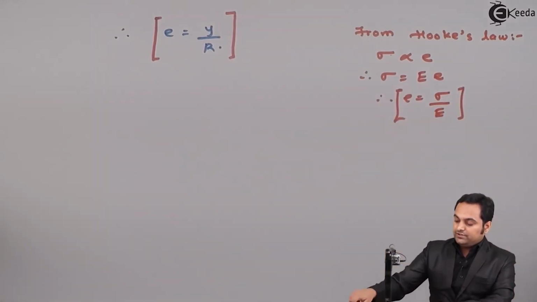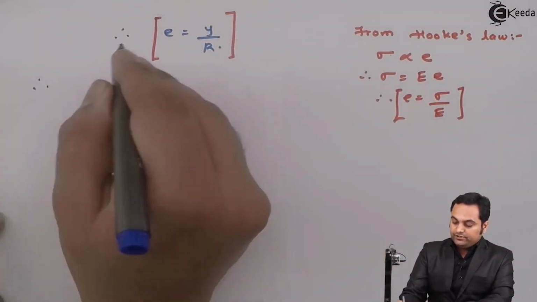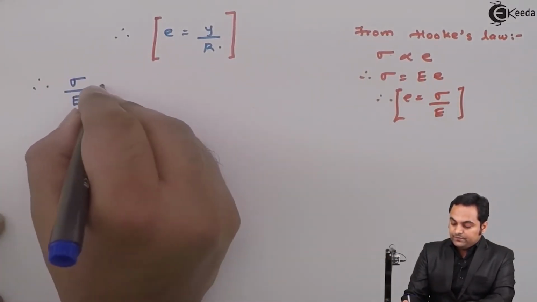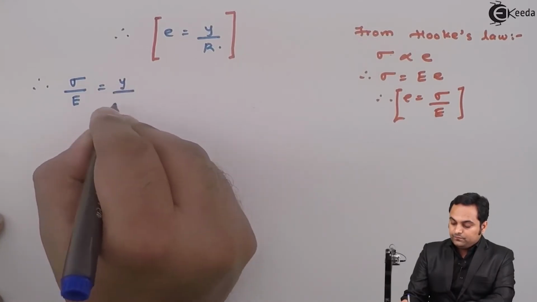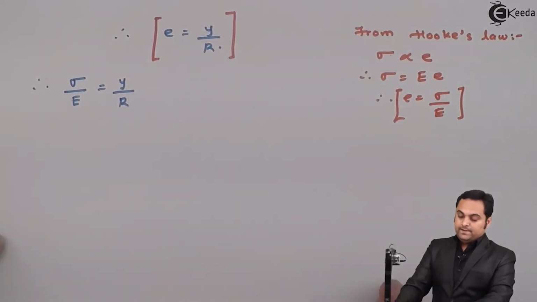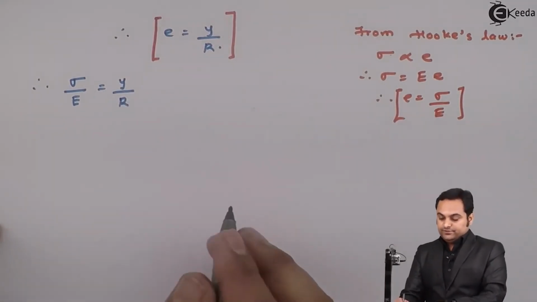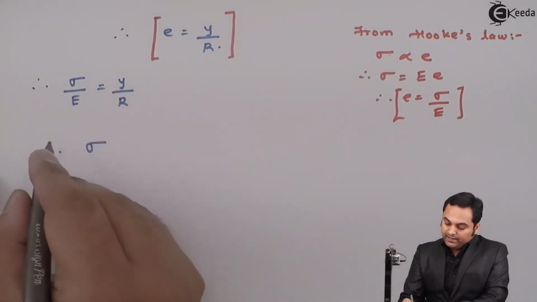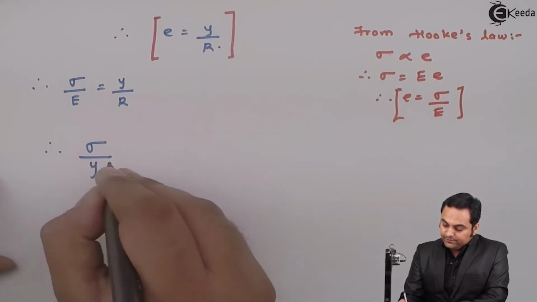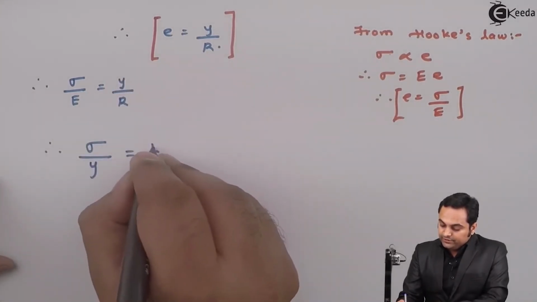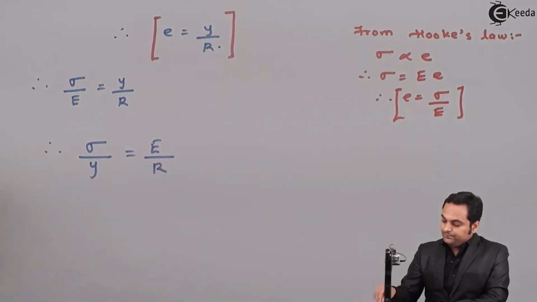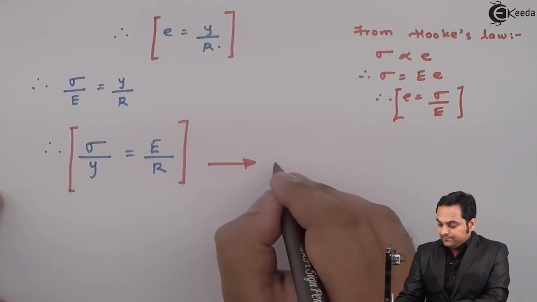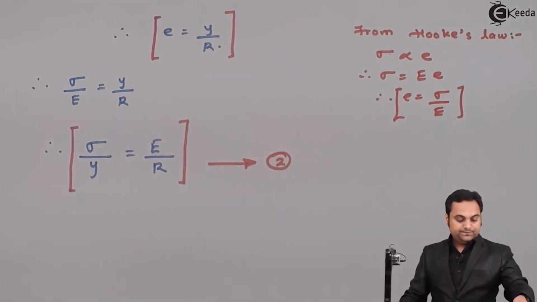So I'll use this relation, and instead of small e, I'll write stress upon Young's modulus is equal to y upon R. Next I'll shift the terms, so sigma I'll keep as it is, y I will shift into the denominator, E will go into the numerator divided by R, keeping this as the second equation.